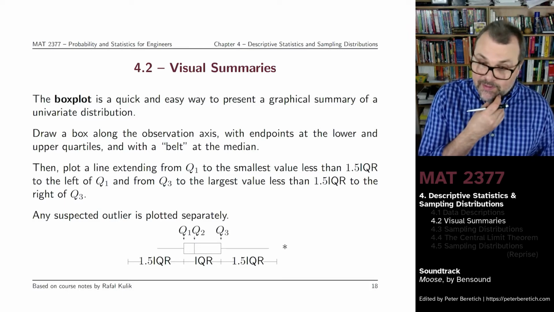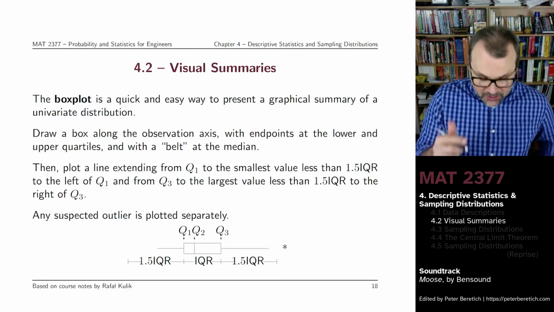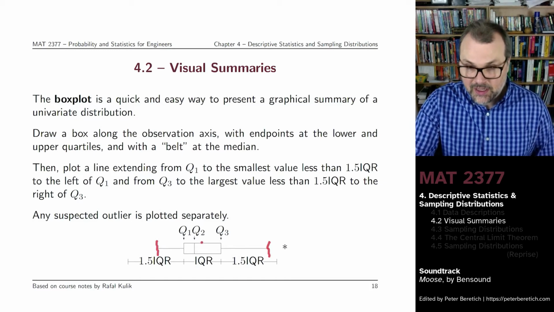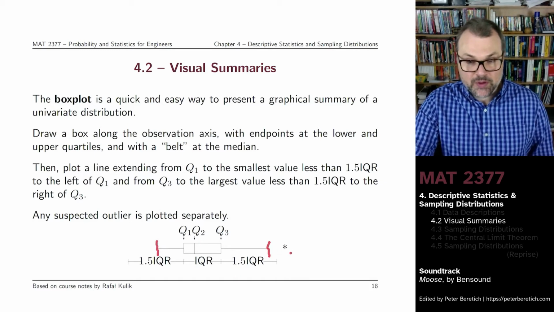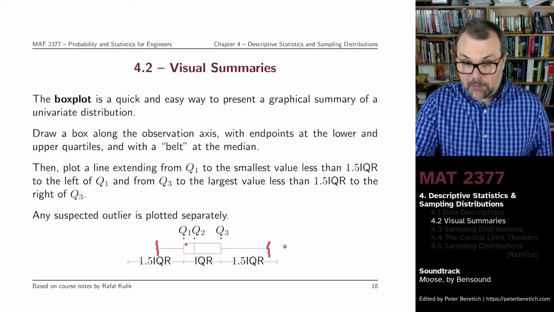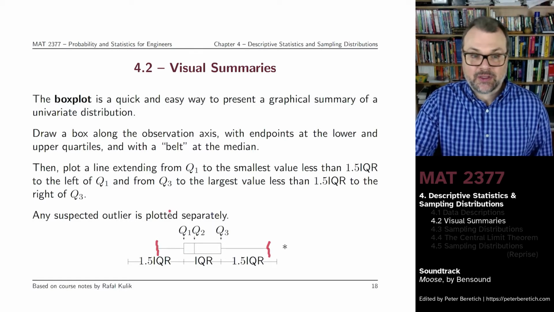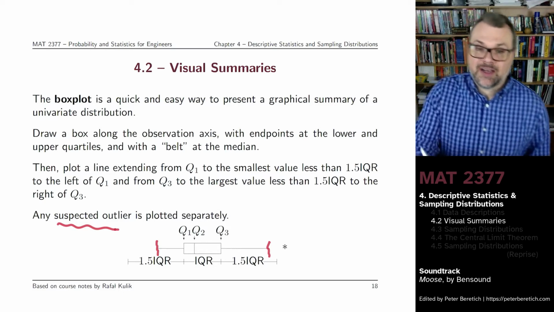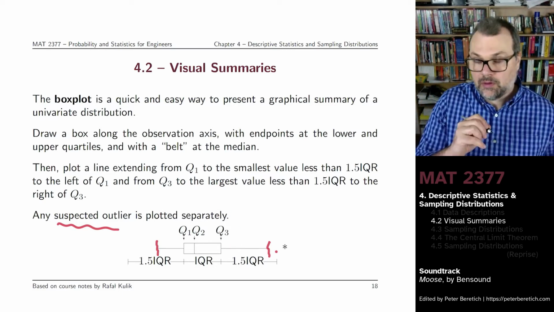When observations are beyond the whiskers, which is to say more than 1.5 times the interquartile range away from the two endpoints of the box, then these are suspected outliers. Place them separately. They are not linked to the box with a line.